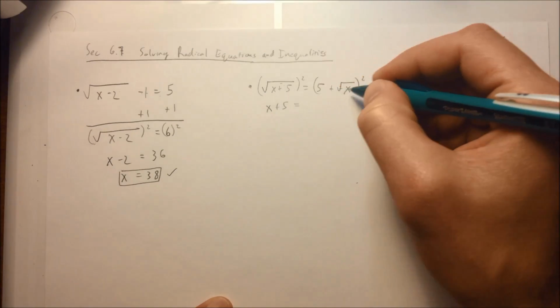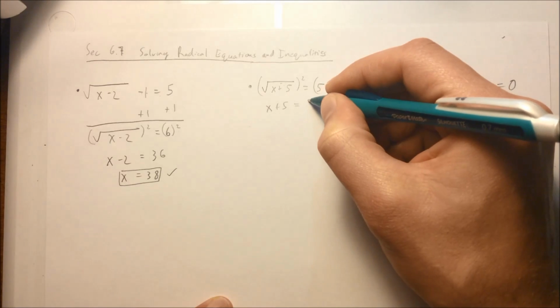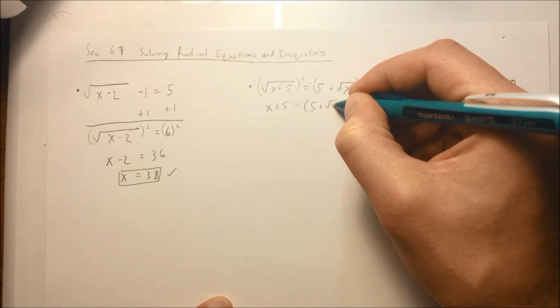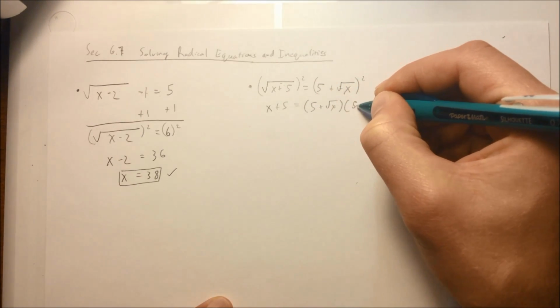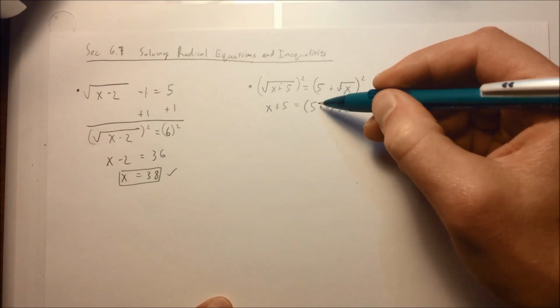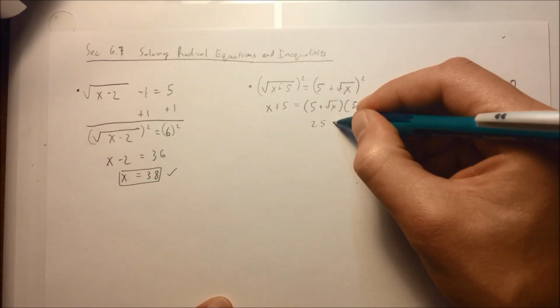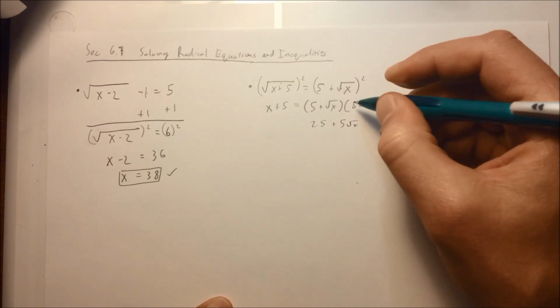This one, though, when I square it, I don't square just the two things on the inside. I have to FOIL it out. 5 plus the square root of x times 5 plus the square root of x. And to FOIL it out, 5 times 5 is 25. 5 times the square root of x is 5 square root of x.